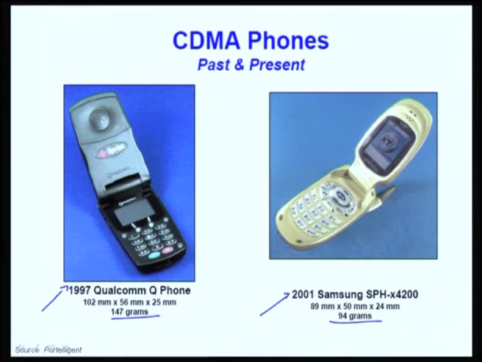In those days we had mobile phones weighing close to 150 grams, and today we are working around less than 100. Today you can get CDMA phones of something like 85 to 90 grams. This is the kind of packaging growth that we are witnessing today.